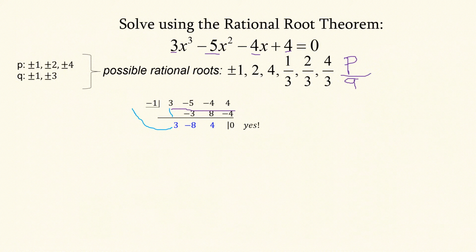Then, after that, i-multiply natin siya. So, 3 times negative 1 will give us negative 3. Then, negative 5 plus negative 3 will give us negative 8. Then, multiply ulit. So, we got positive 8. Then, kapag pinag-add yung negative 4 and positive 8, makukuha ay positive 4.